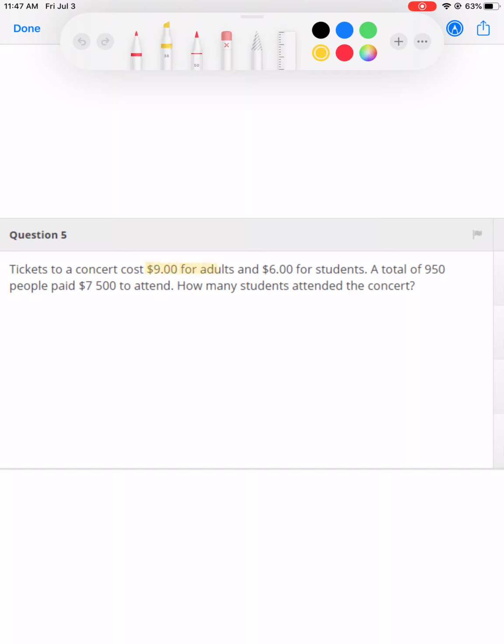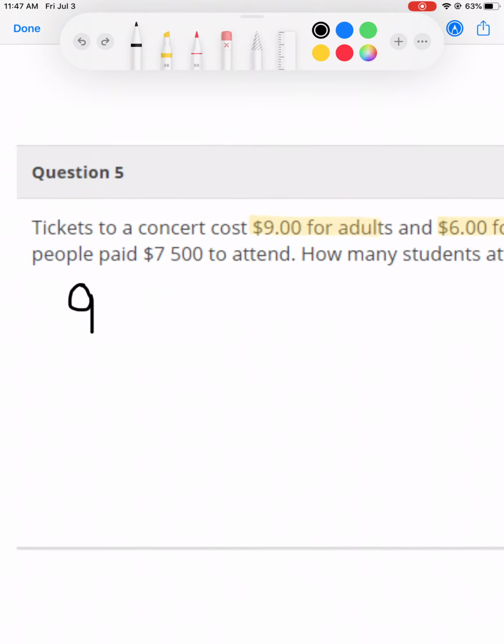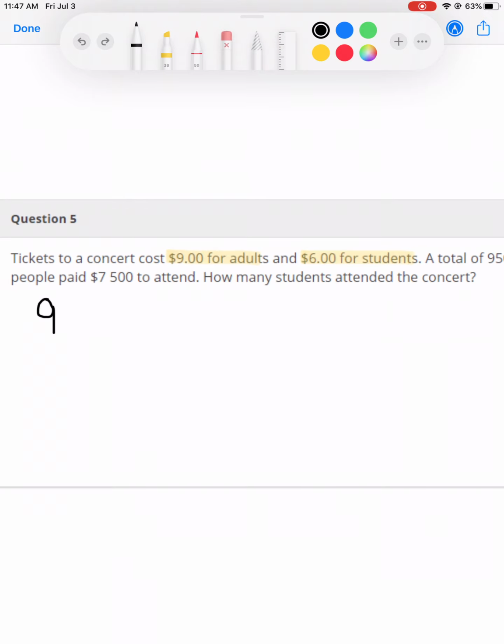So I'm going to set up an equation: 9a for adults, and $6 for students. I'm going to use s because it's a student. And that's why people don't tend to use s, because sometimes it looks like a 5.